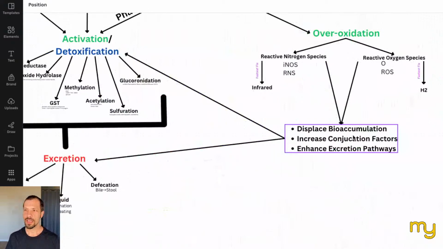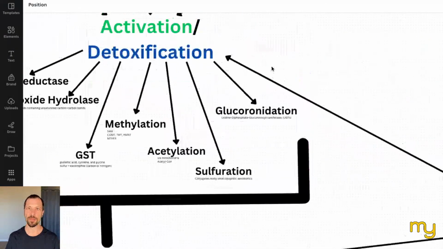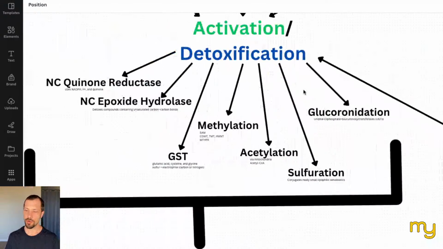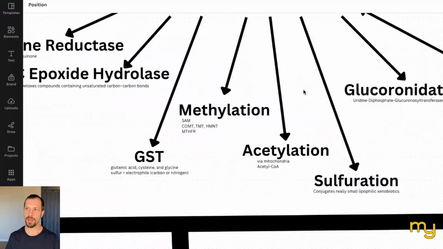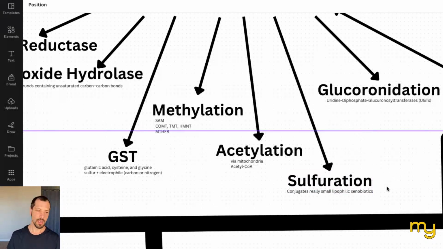Now, increasing the conjugation factors. Conjugation just means making things water soluble. So increasing the conjugation factors would be things like adding in more sulfur groups for sulfation. That's your cruciferous vegetables: Brussels sprouts, cauliflower, broccoli.